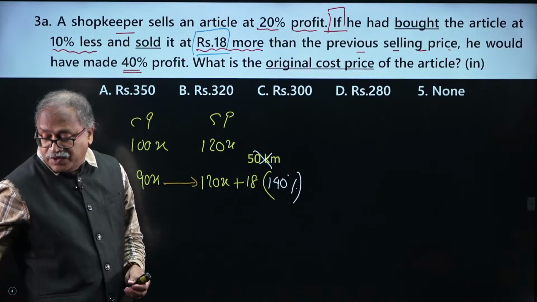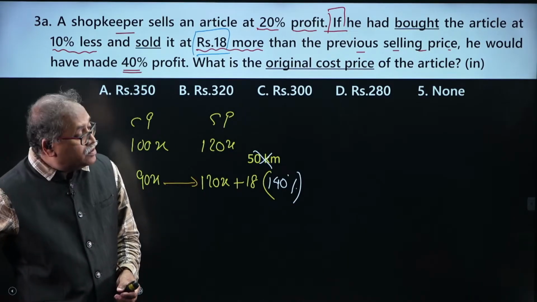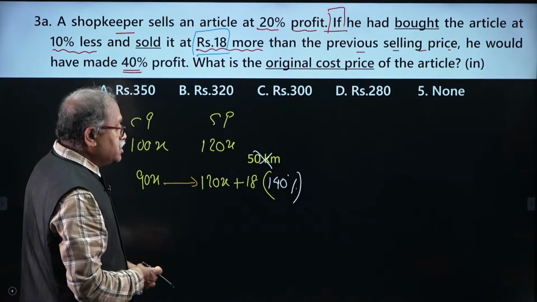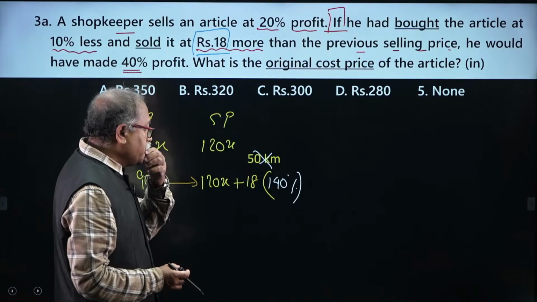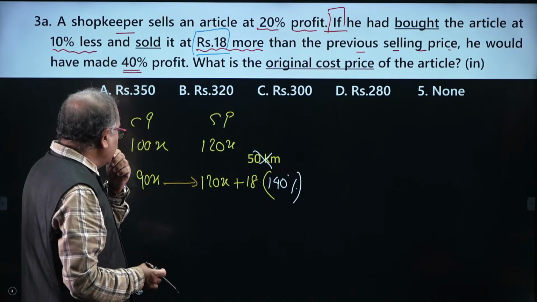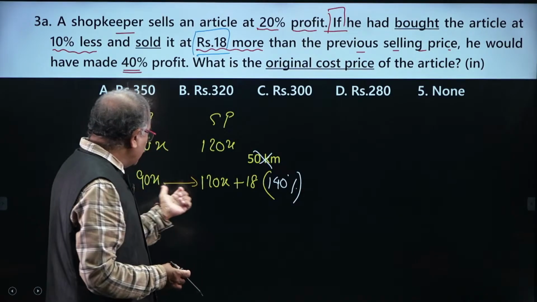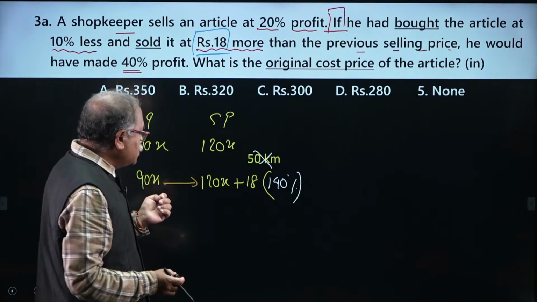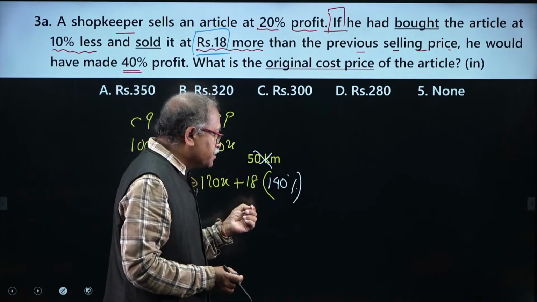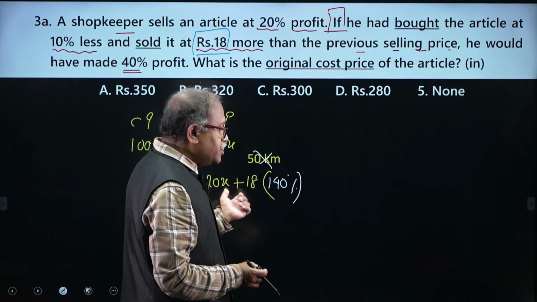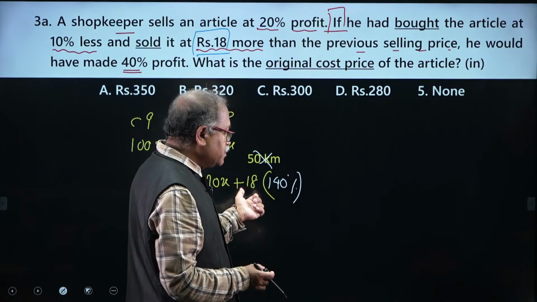Okay. The difference is the profit. So, what is the difference over here? The difference is 120. How much is the difference? Here it is 120 plus x is the new selling price.